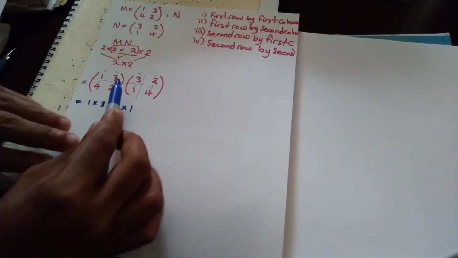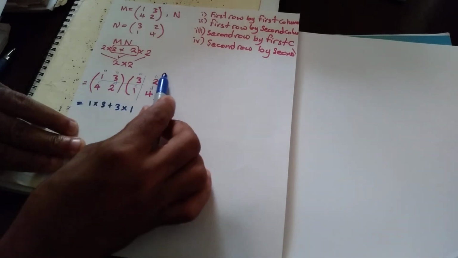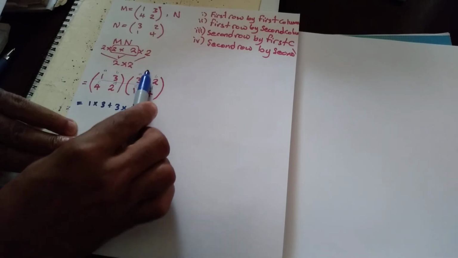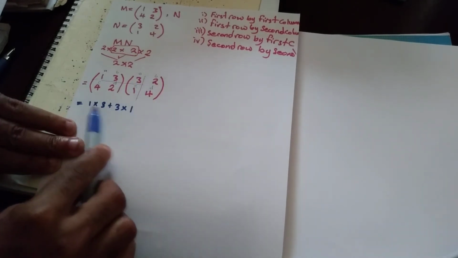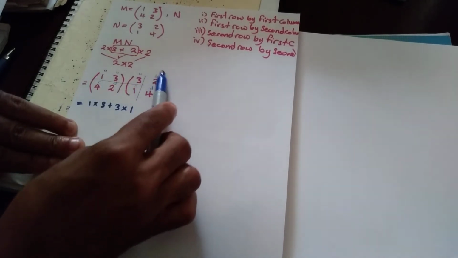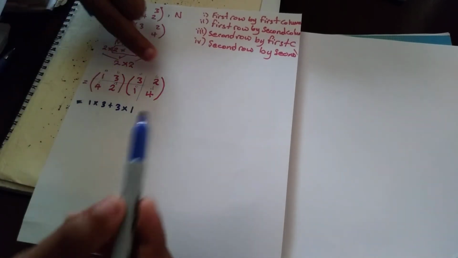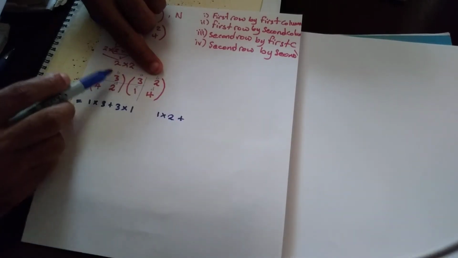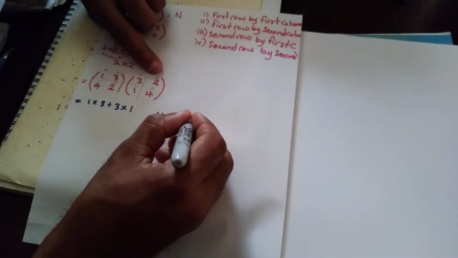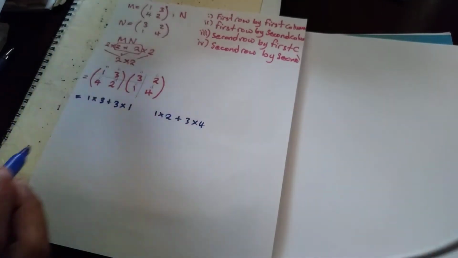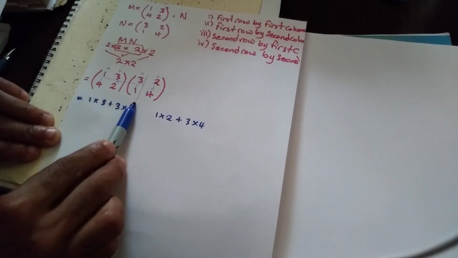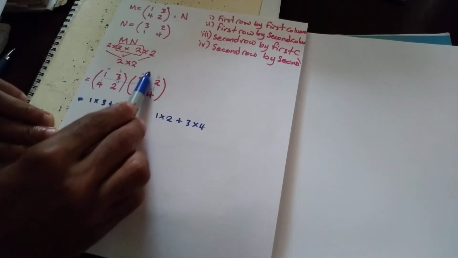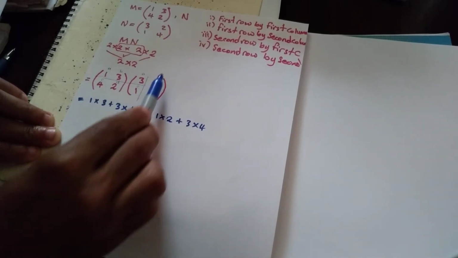Then we move on to the first row, second column, just like what I have in the corner up here. So it's first row, first column. Then when we're finished with that, multiply first row, second column. So it's 1 times 2 plus 3 times 4. So that was the first row, first column, first row, second column. Then we're going to move on to the second row, first column, second row, second column.